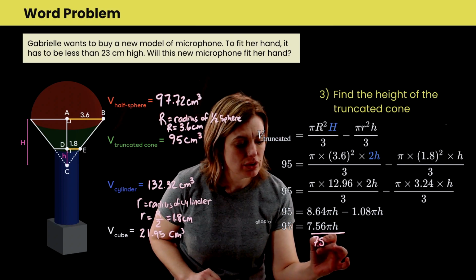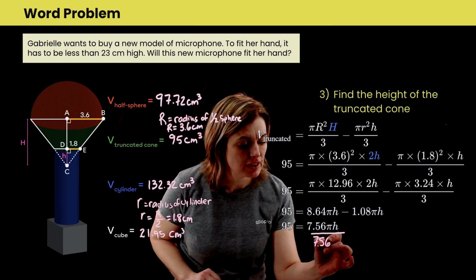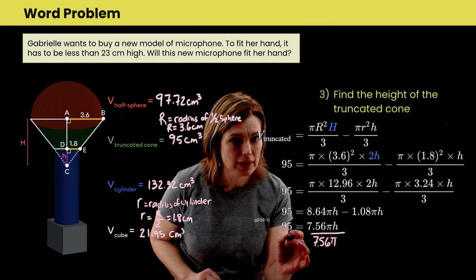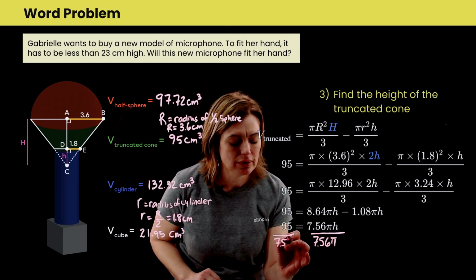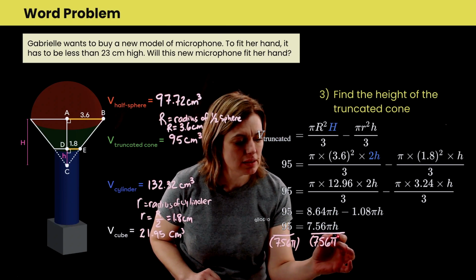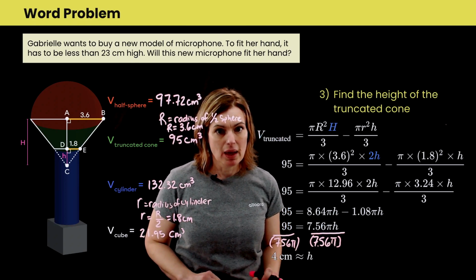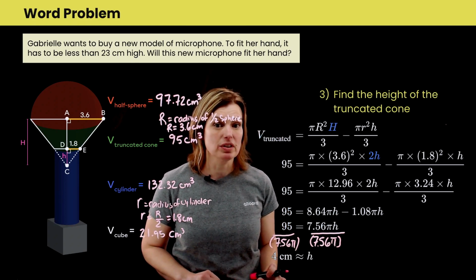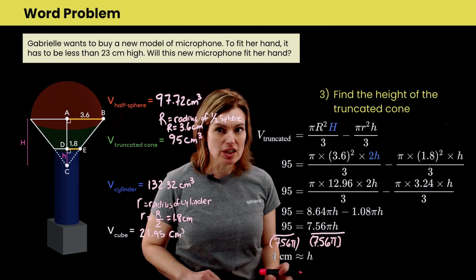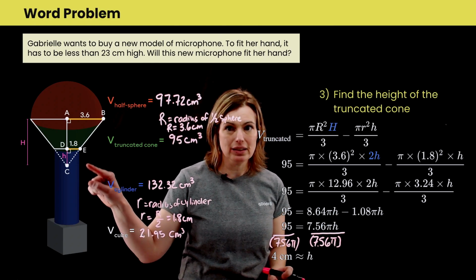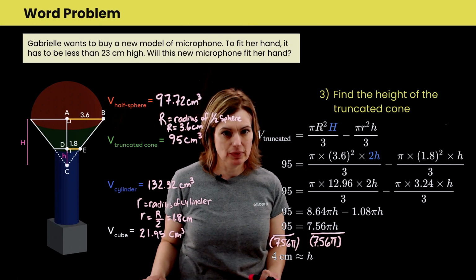To do that, we're going to take 7.56 pi and divide it out on the right, and do the same thing on the left. Remember, we need to put these in brackets so that our calculator does the calculation properly. That leaves us with a height of 4 centimeters, which is the height of that tiny little cone that we have to slice off.